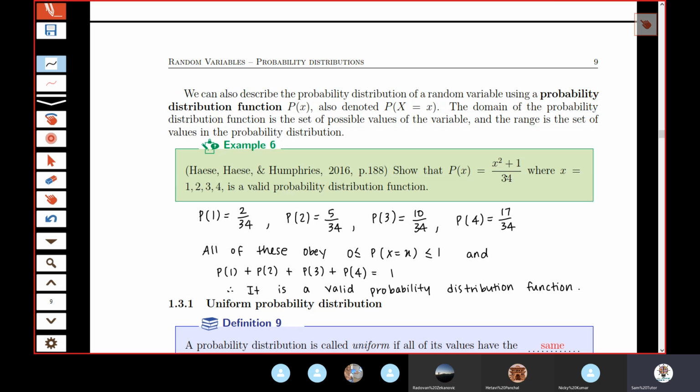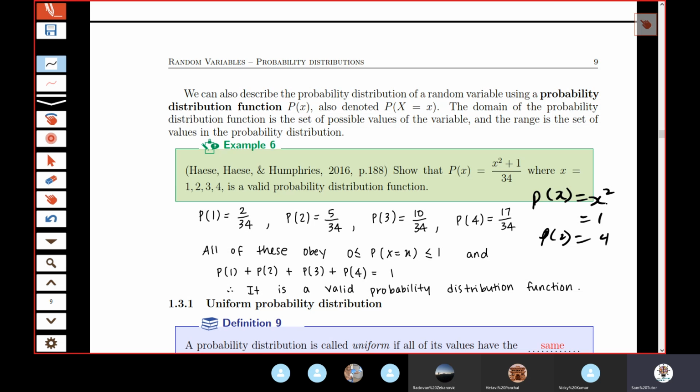This is just a function, and anything could be a function, right? You could have said p of x is equal to x squared. But that one doesn't make sense because when x is 1, you already have 1. When x is 2, you get 2 squared, which is 4. So it fails the requirement of being between 0 and 1, and it fails because 1 plus 4 is already 5, and that can't add up to 1.